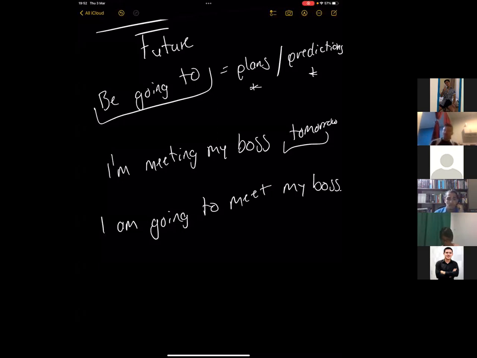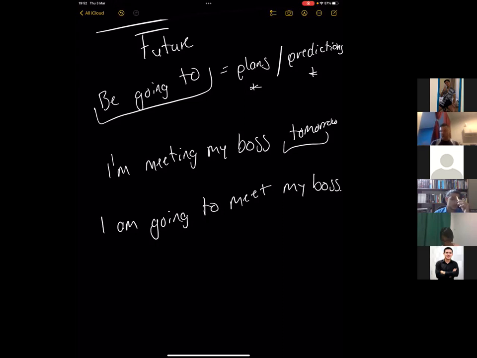But if you're using present continuous and you want it to sound like it's future, you are forced to use a time marker. Like, I'm meeting my boss. When? Tomorrow, in a week, in a month, on June the 16th, for example, or on Sunday, whatever.